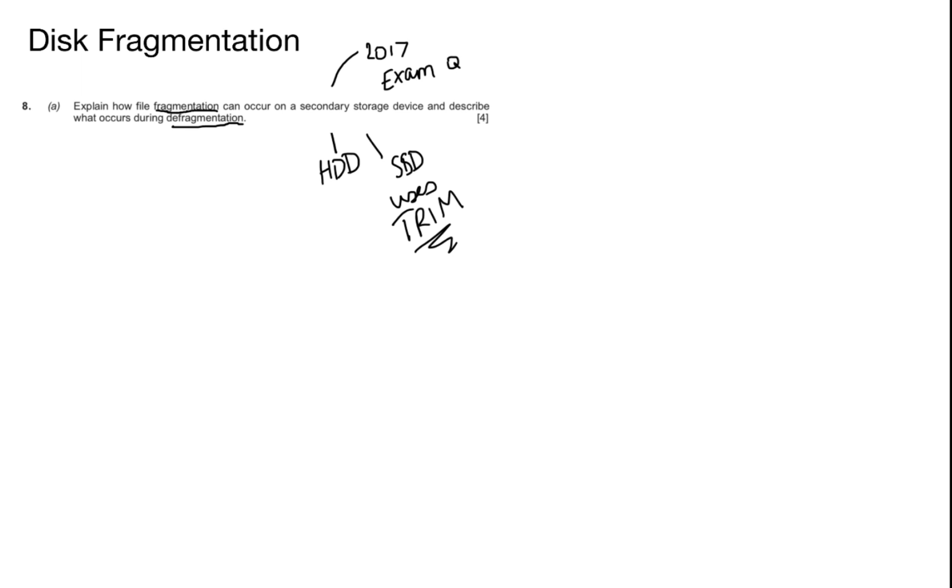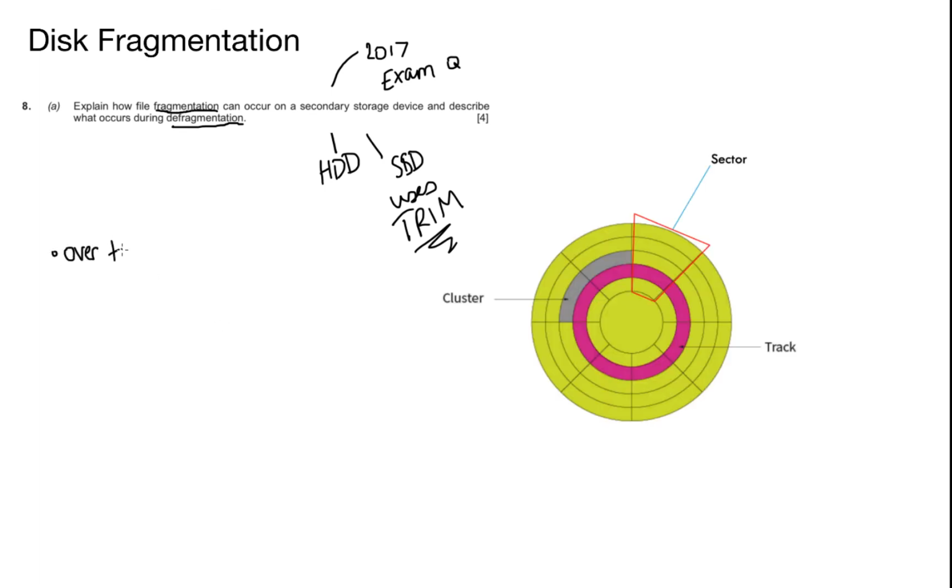Well, what actually is fragmentation? Let's look at our disk again. Over time, the file system that your operating system communicates with fills up. Obviously, as you add more data and increase the number of files you've got, you will always be changing and deleting things, and that will change the addresses in your file table.